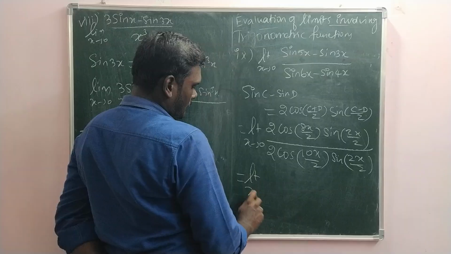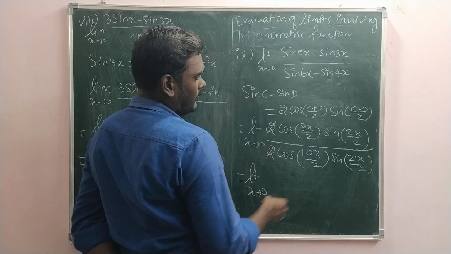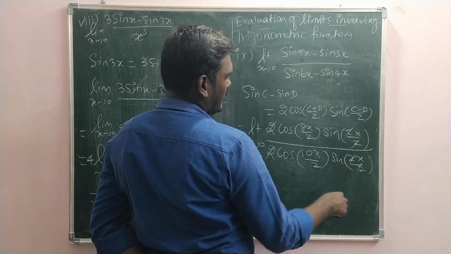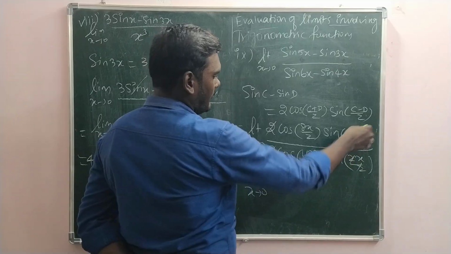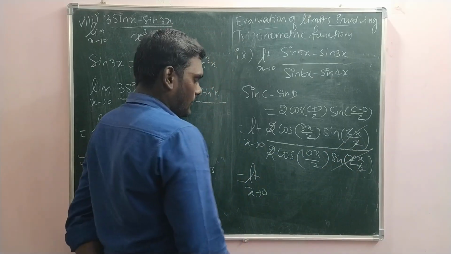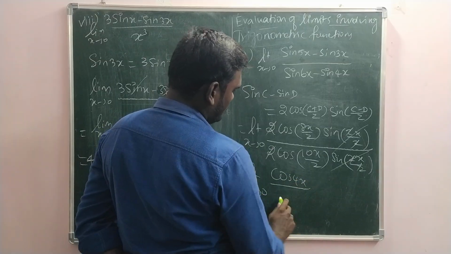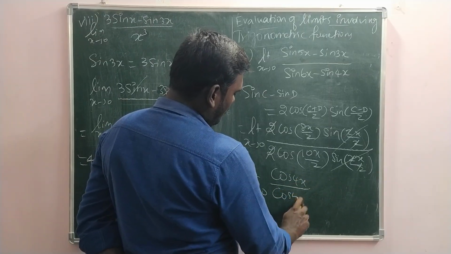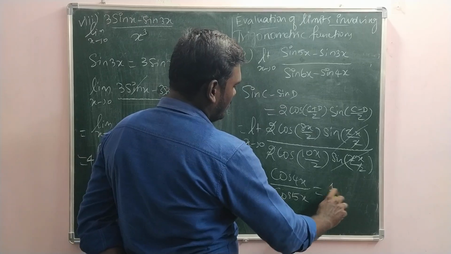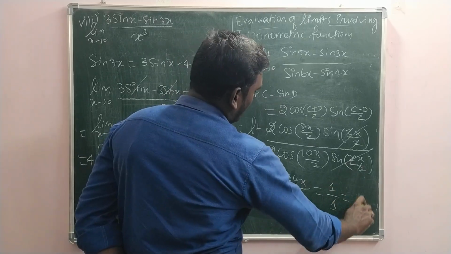Then limit x tends to 0, 2 gets cancelled, then sin x by sin x will get cancelled totally. Then this is cos 4x by cos 5x. When x approaches 0, it is 1 by 1. Answer is 1.